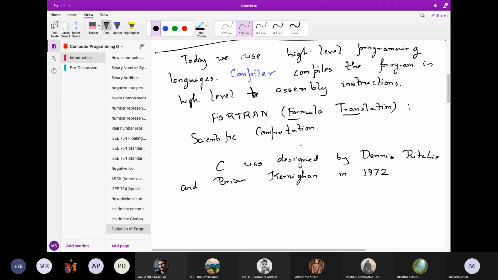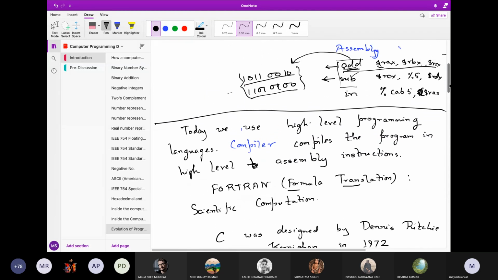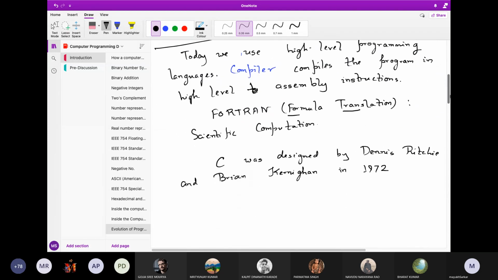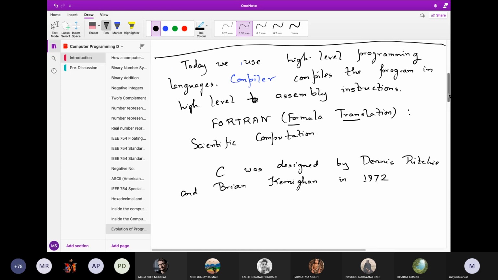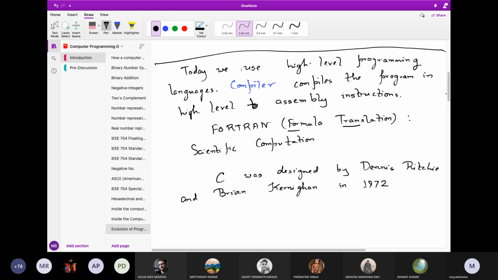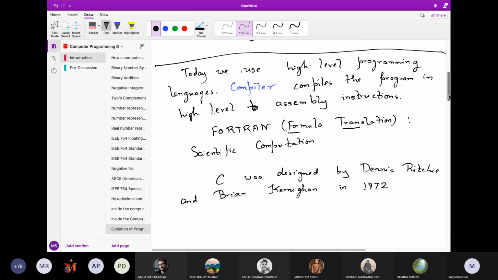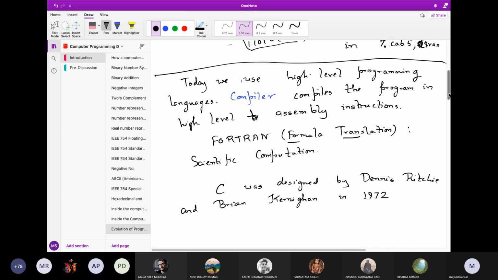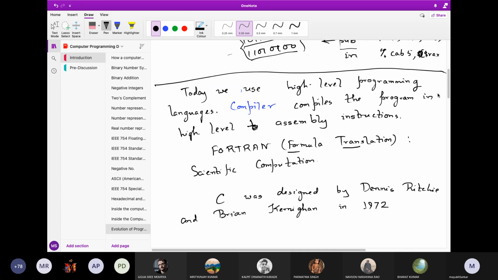Eventually, all the programs written in high-level languages like C, Rust, and so on... Today, in fact, interpreters are coming more than compilers, but I'll discuss them later. Interpreters do not compile into assembly language, but the language we will study, C, is a compiled language.